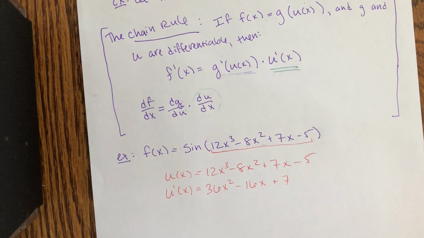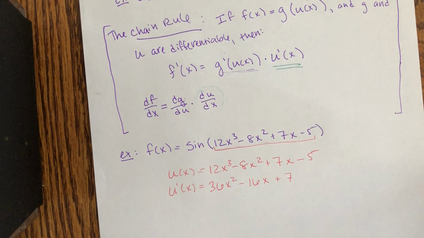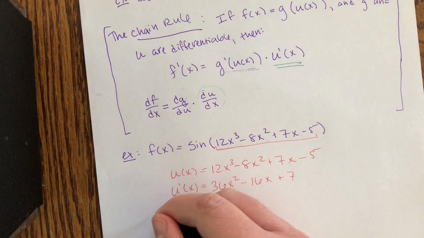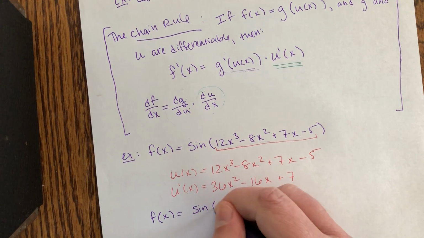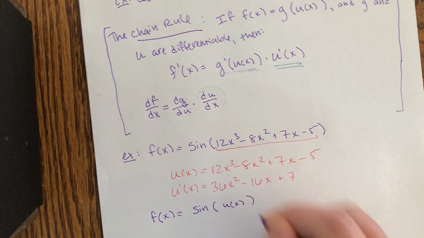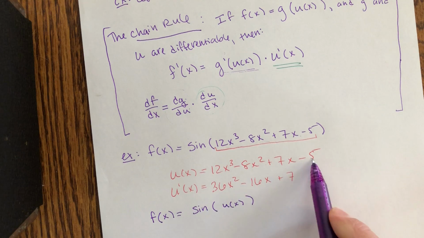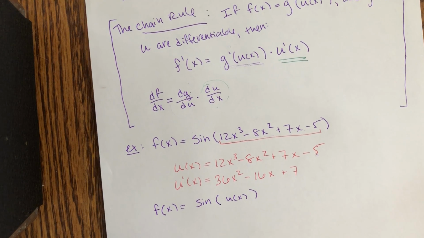Okay, so once I have the scratch work done, what I'm going to do is go back and rewrite my f function as a function of u. So it's sine of the u of x function. Right, it's sine of that polynomial, which we're now calling u of x.